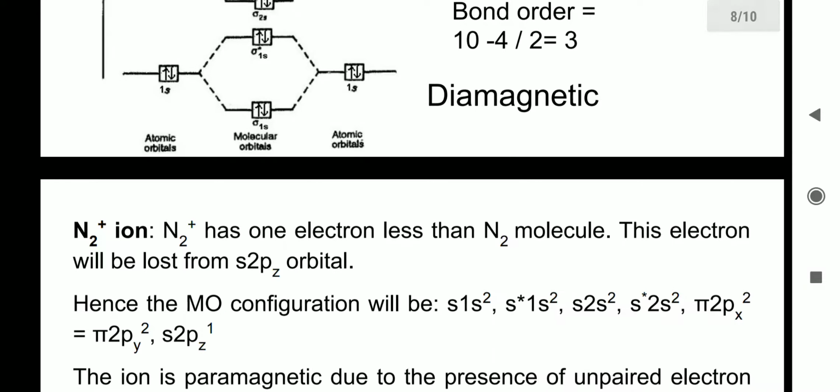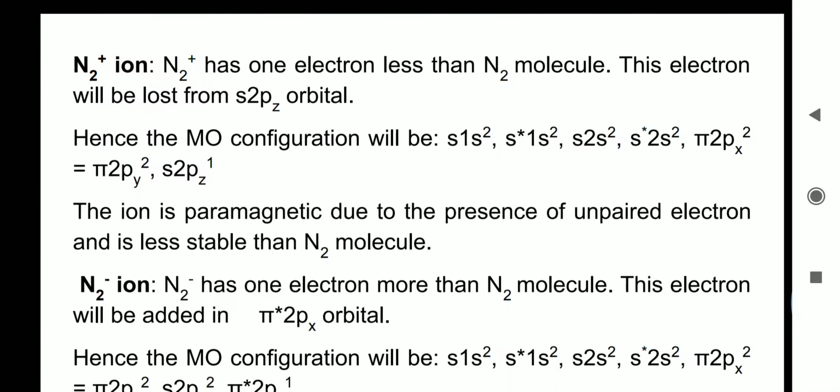So the N2 plus ion has this electronic configuration. It is paramagnetic in nature because the sigma 2pz orbital will be singly occupied and one unpaired electron is present there, and as I said earlier, it is less stable. Its bond order will be lesser than that of the N2 molecule, and it is 2.5. So it has less stability than the N2 molecule.